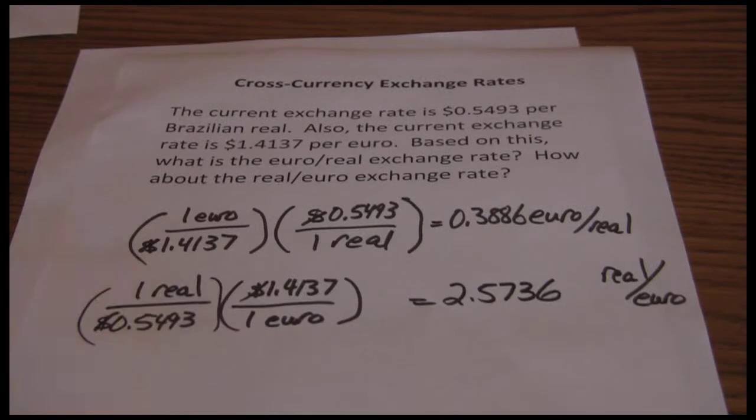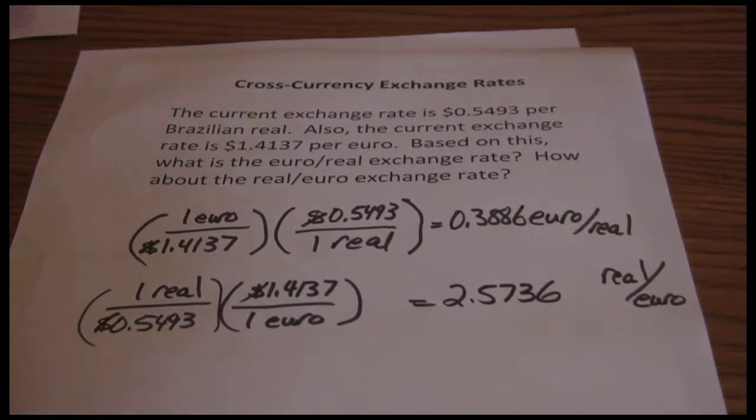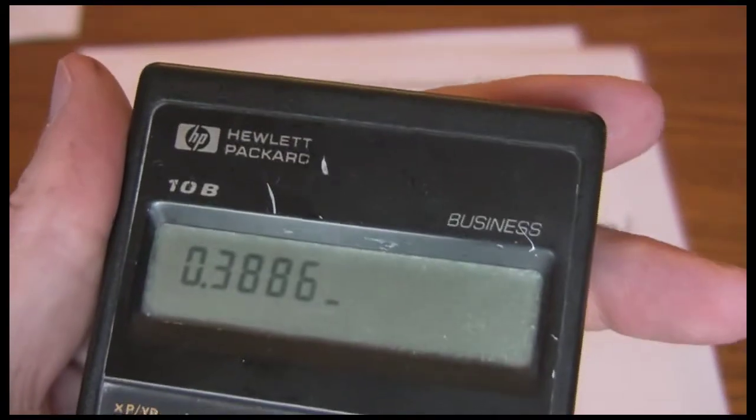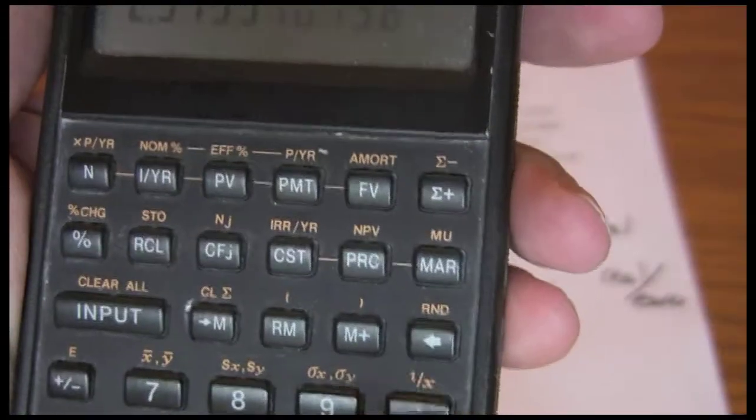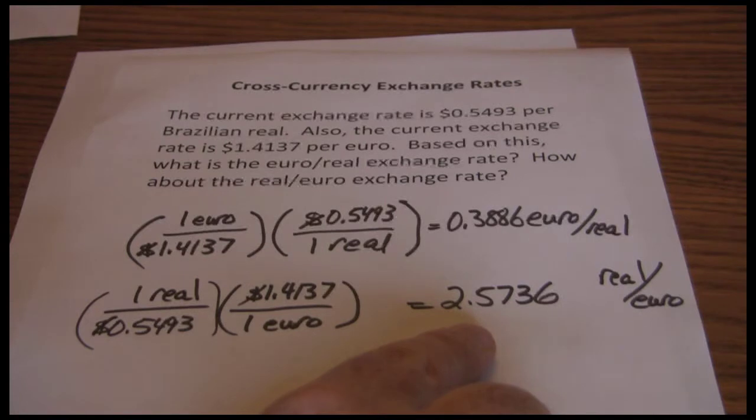Now, one last thing I want to do here, if I take 0.3886, which was my first answer, my euros per real, and again, just hit that 1 over X key, notice I get 2.5733, which is essentially the same answer with a little bit of rounding error.